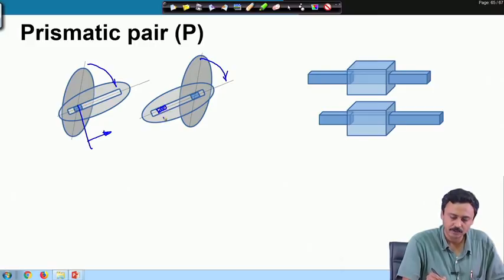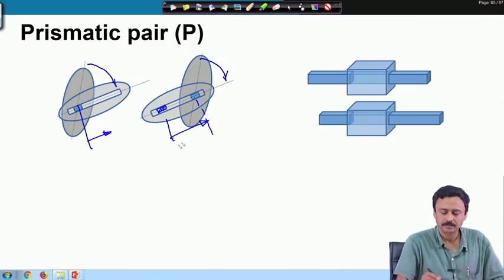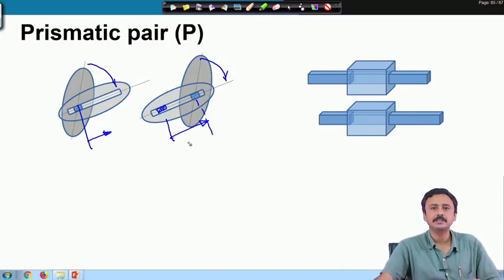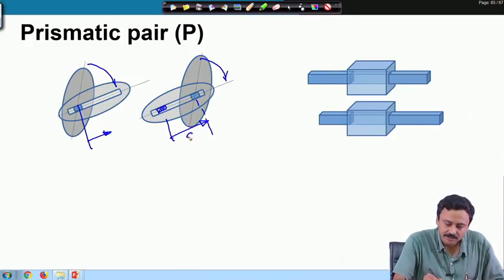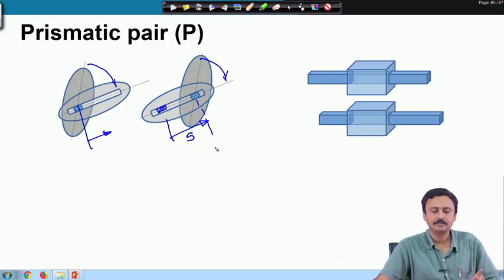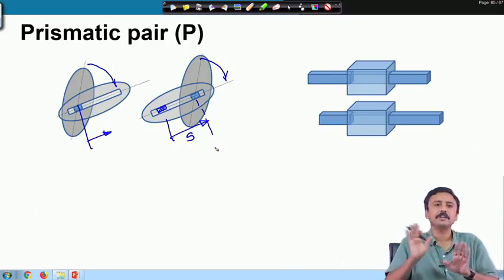So, initially the slider was here, it moves, it slides in this guide, but the angle remains fixed. Therefore, by specifying how much distance the slider has slid, I can specify the relative configuration of these two links.